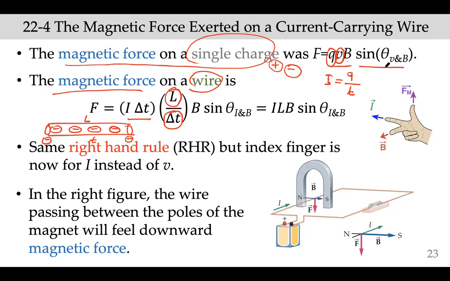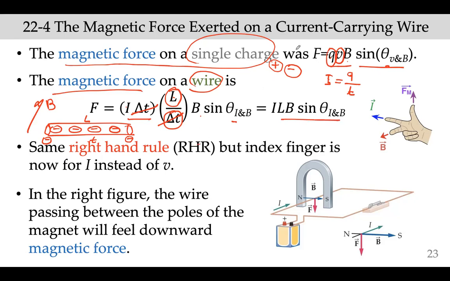Now instead of v, I have the current here. This theta is now the angle between the wire, or the current, and the magnetic field. Now if you look here, these delta t's cancel each other. So what's left is I L B times sine theta.